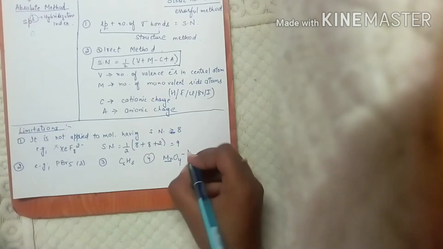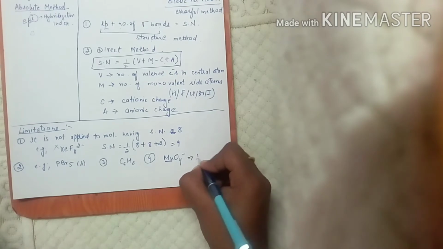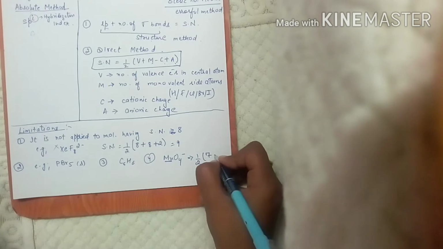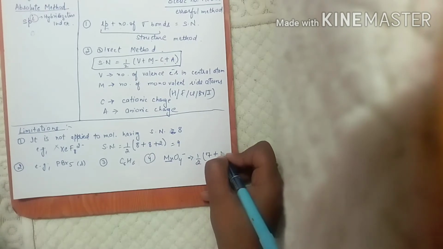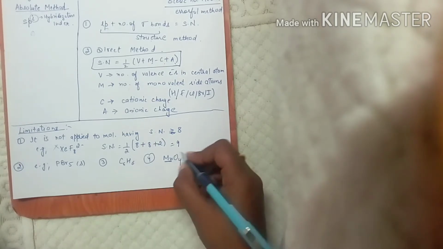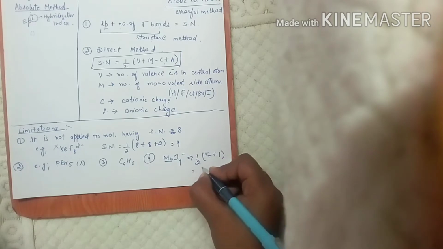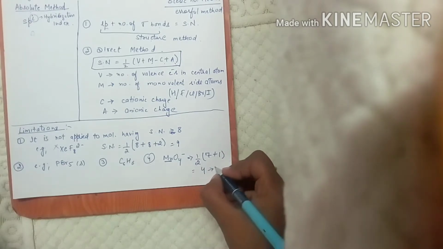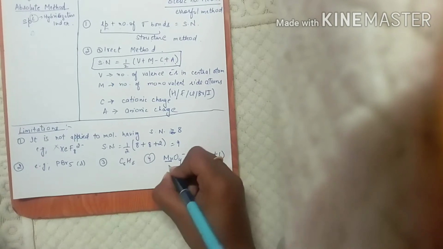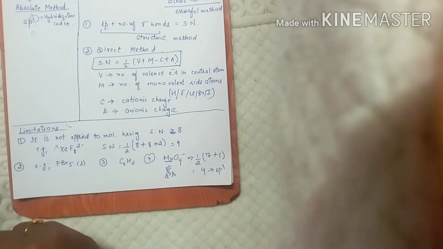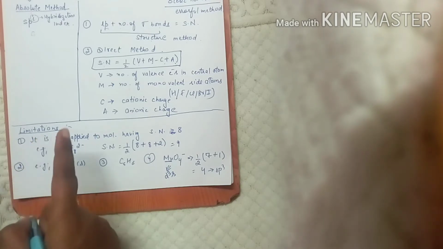If you calculate the steric number for MnO4 negative, half of V plus M plus charge: Mn has 7 electrons in the valence shell, plus the charge. Because there are no monovalent atoms attached, it comes out to be 4. For steric number 4 we have sp3 hybridization, but actually MnO4 negative has d3s hybridization, so that's why the method fails here.